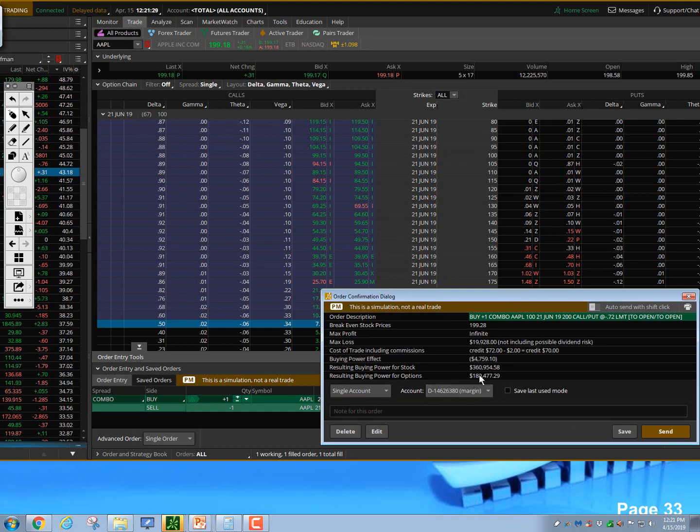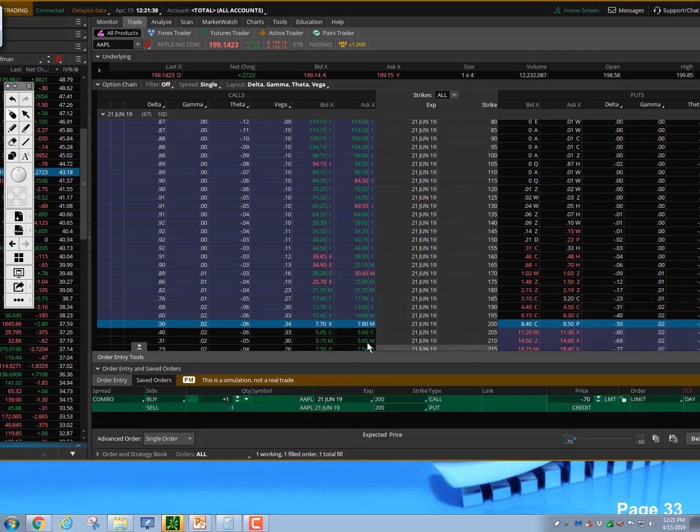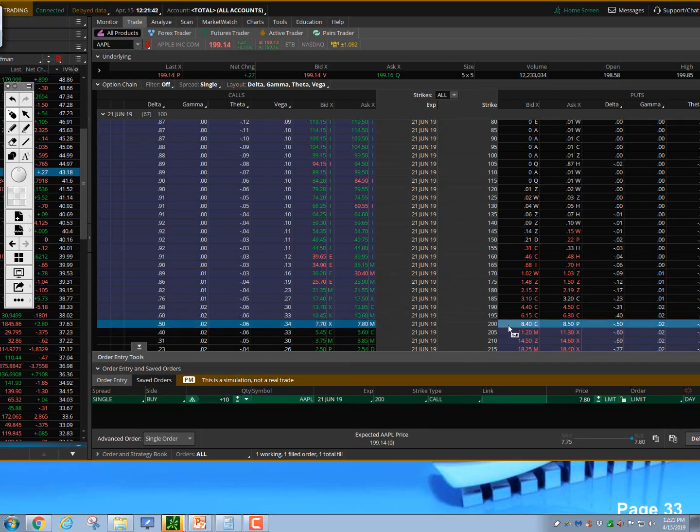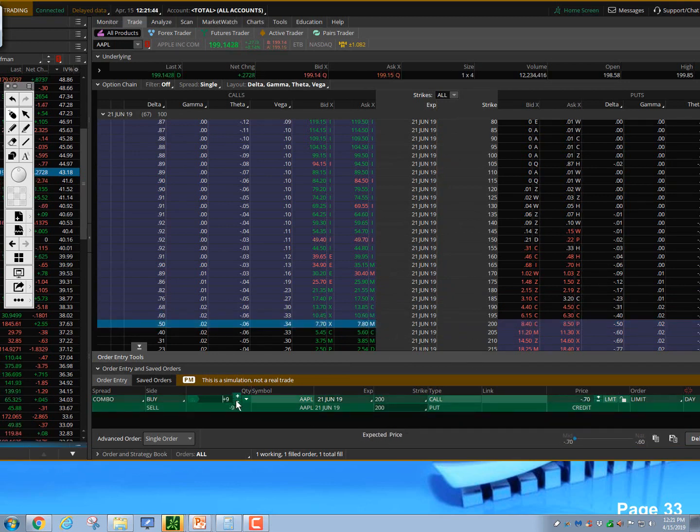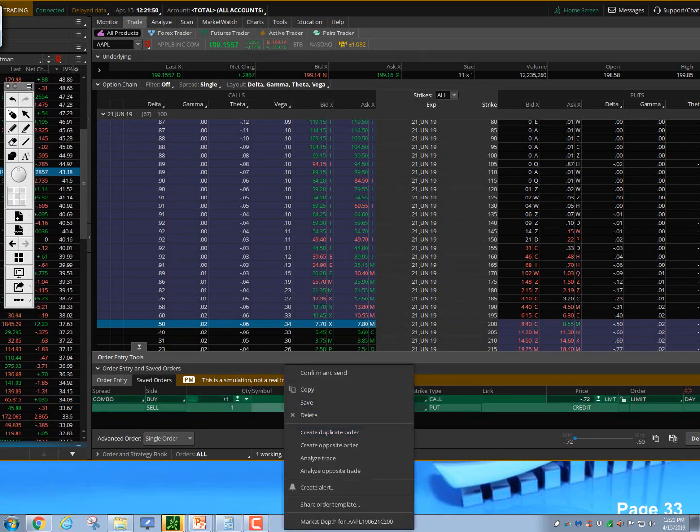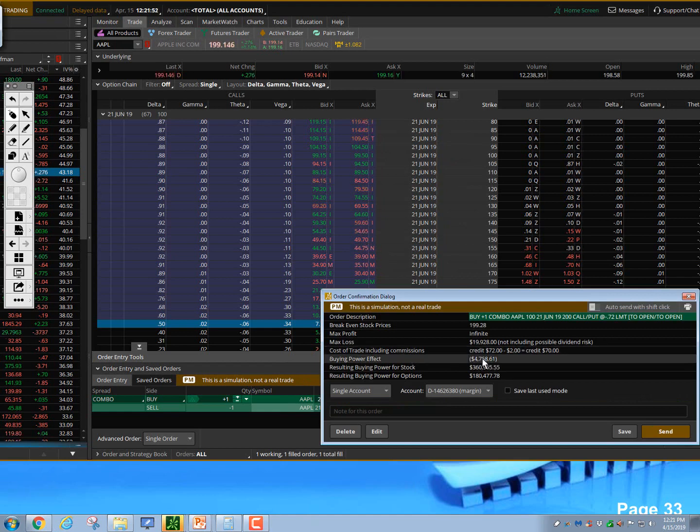I don't know why my buying power effect on this one is showing it as, should be like $2,500. Not sure why that's not showing up correctly. I'm going to buy this one, sell that one, and make it a one lot. Should be close to $5,000, I'm sorry, $5,000 because it's not a $100 stock, right?